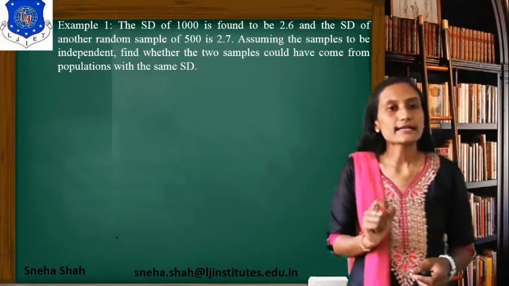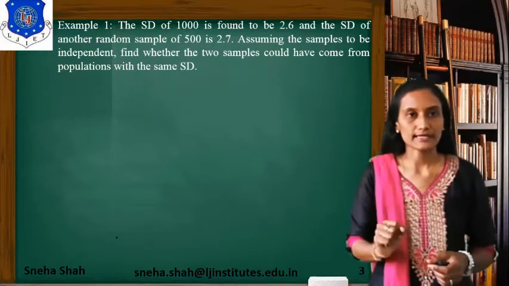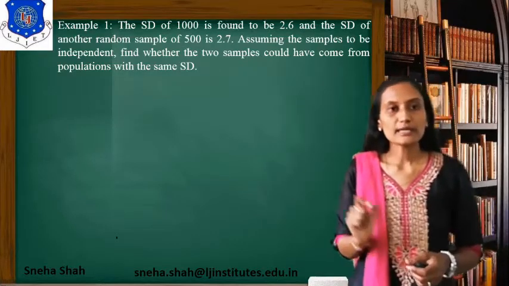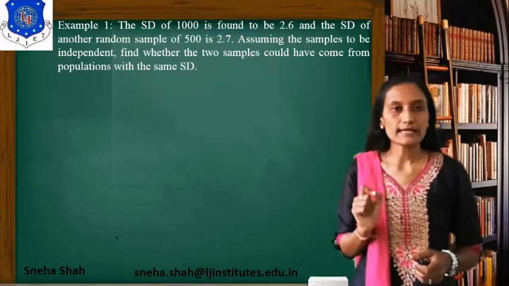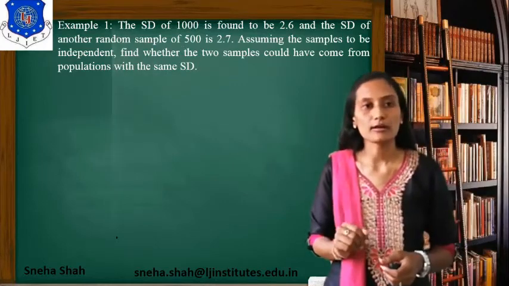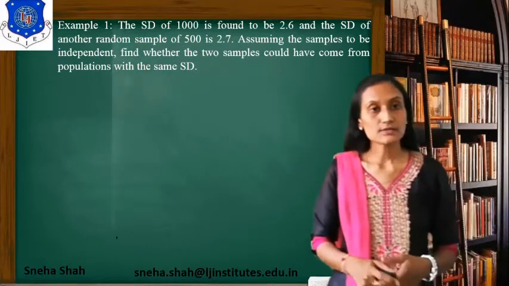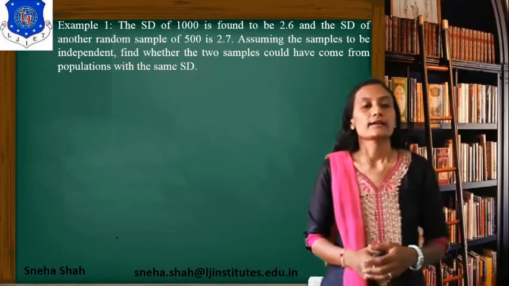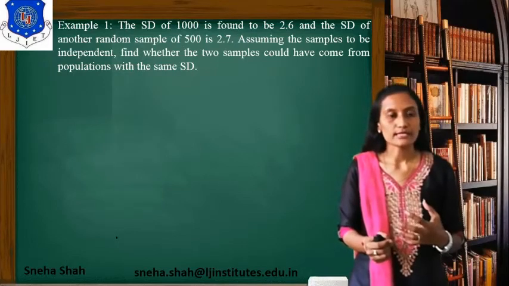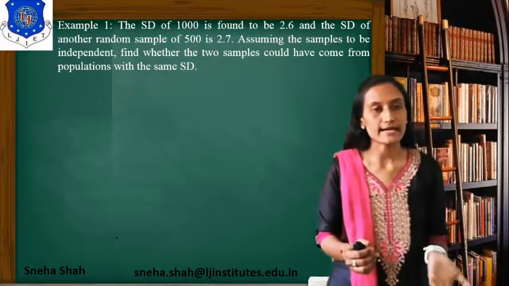And the values of standard deviation are 2.6 and 2.7 respectively. Assuming the samples to be independent, find whether the two samples could have come from populations with the same standard deviation. So in this we have to determine whether the two different populations have the same standard deviation or two different standard deviations.